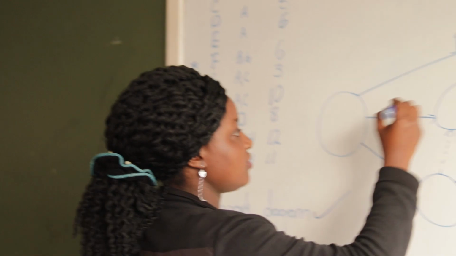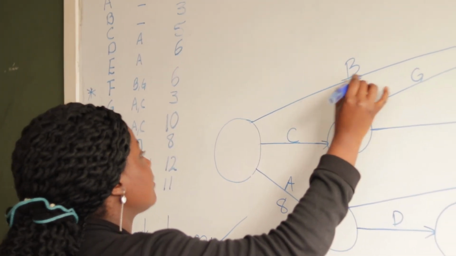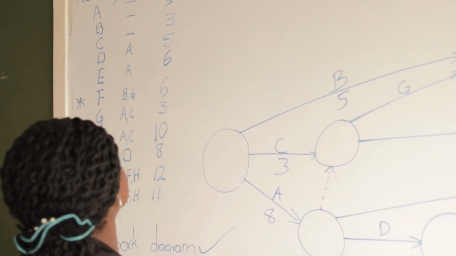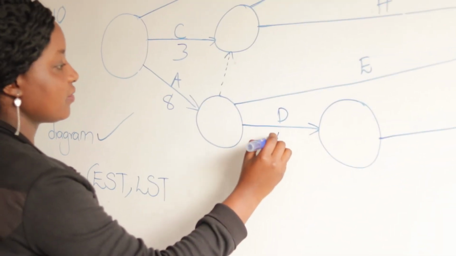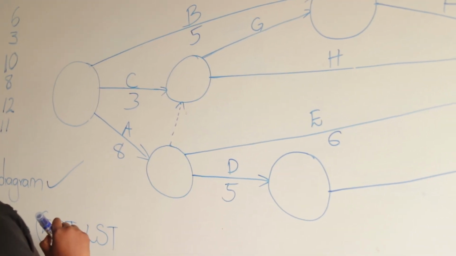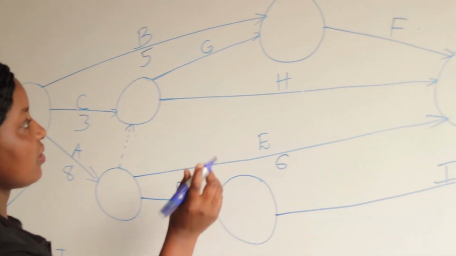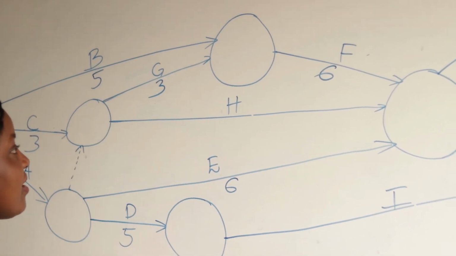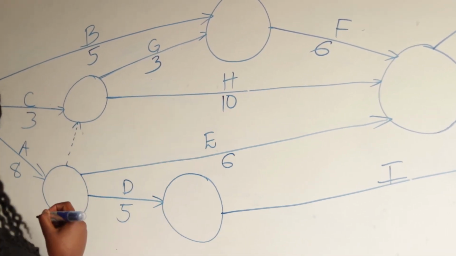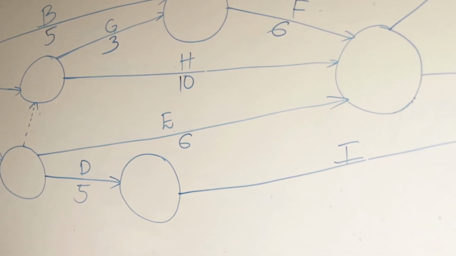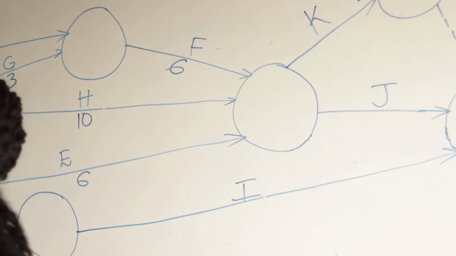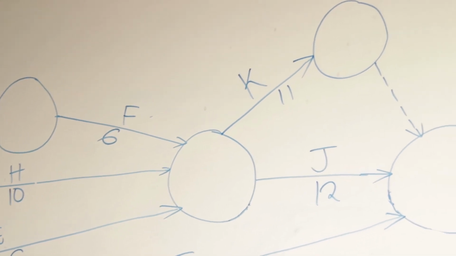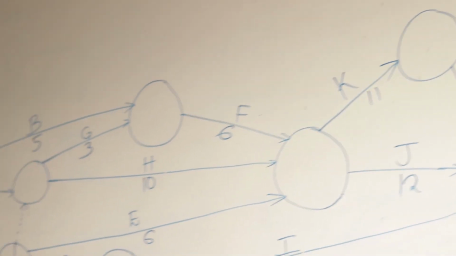We have activity A, which is 8, 5, C is 3, D is 5, 6, F 6, 3, F is 6, G is 3, H is 10, 8, 12, 11, I, J, K. So I is 8, 12, 11. Now we can subdivide our nodes.